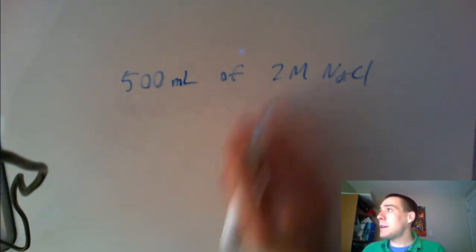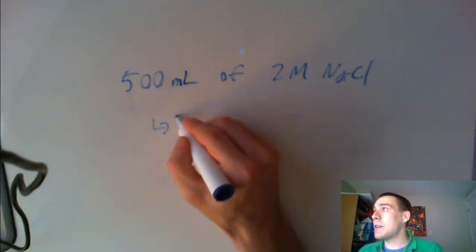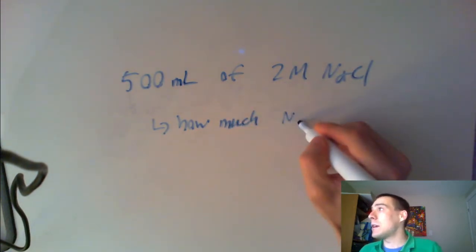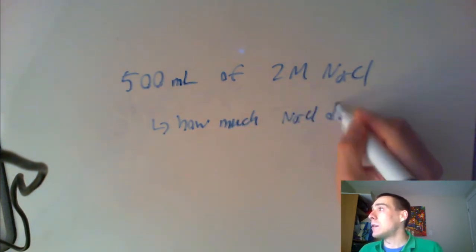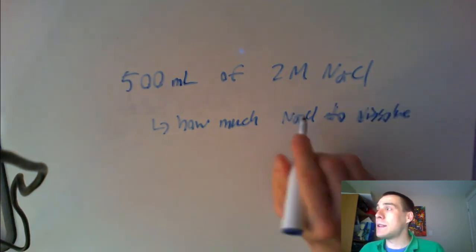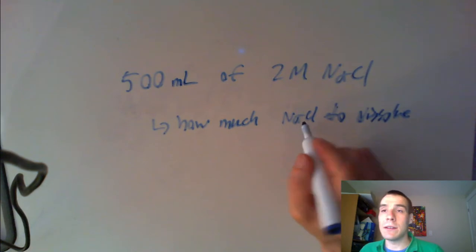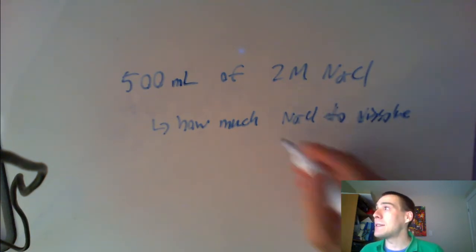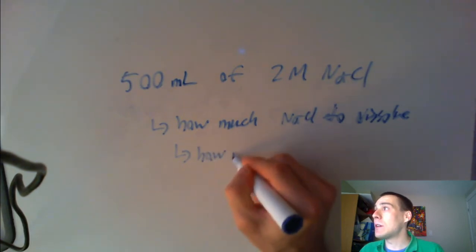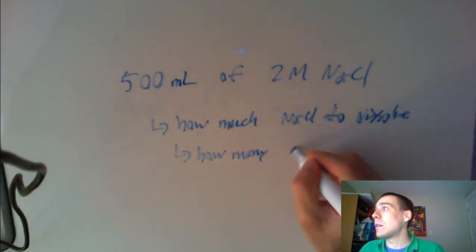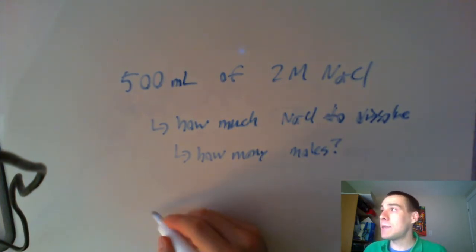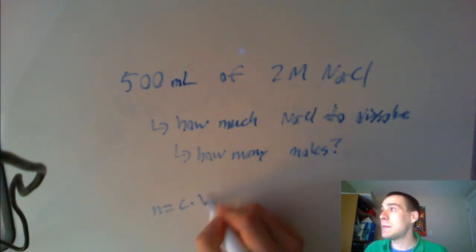What we'd like to know is how much NaCl to dissolve. Now NaCl, salt, it's a solid, so we want to figure out what mass of salt to dissolve. So the sub-question is how many moles? And that's where n equals C times V comes in.